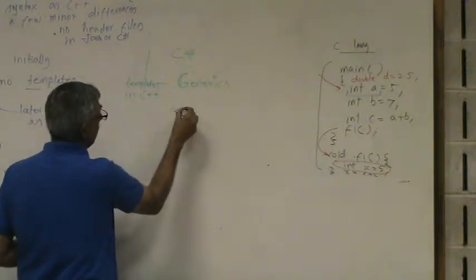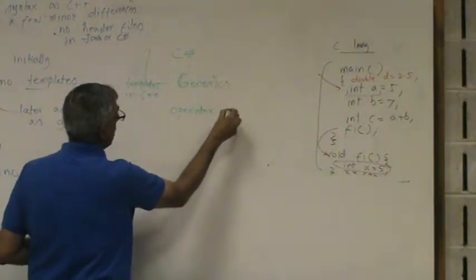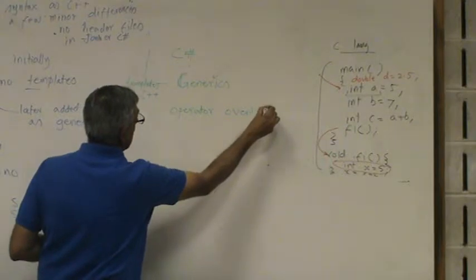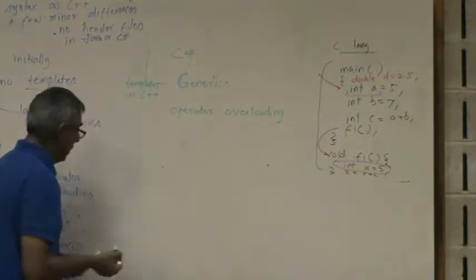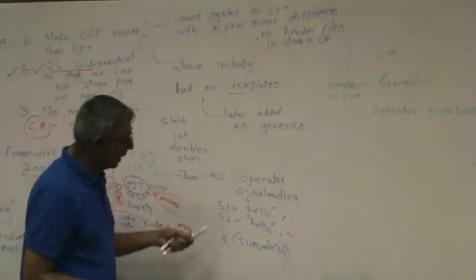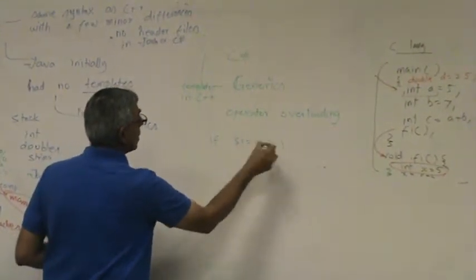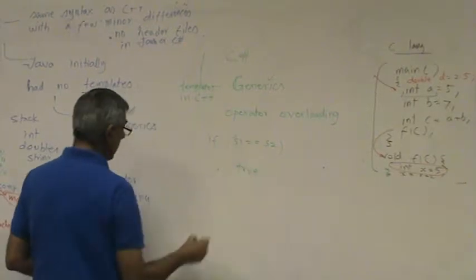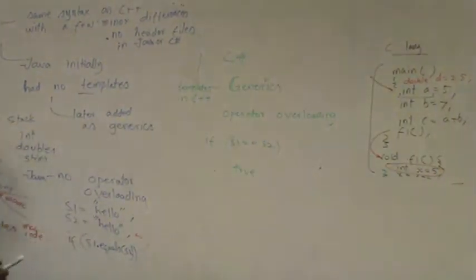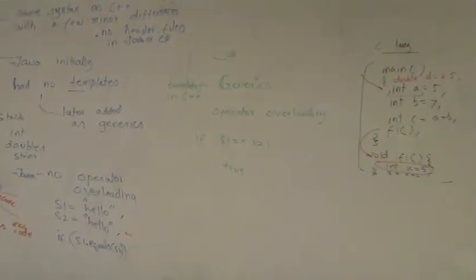C# does have operator overloading. Meaning, in the same example that I gave you, in C# you will write s1 equal to s2, and it will return true if both of them contain the same data, okay?